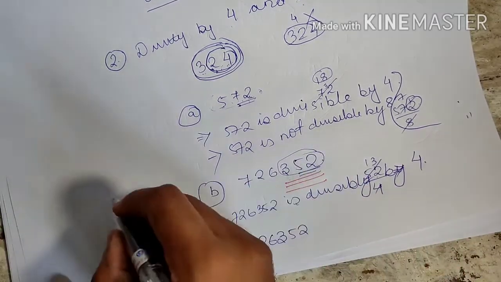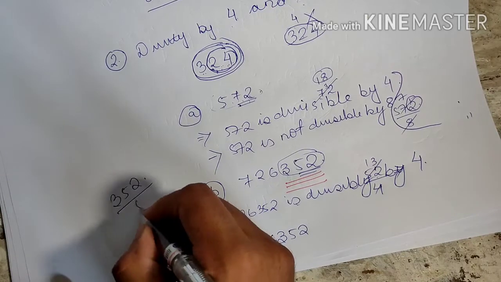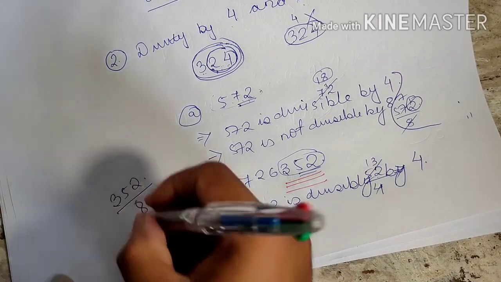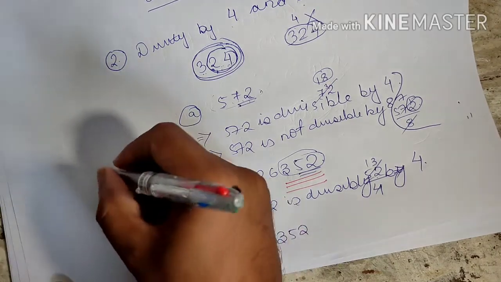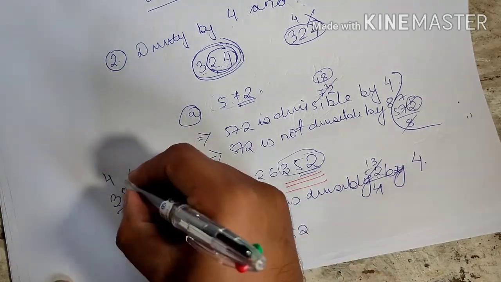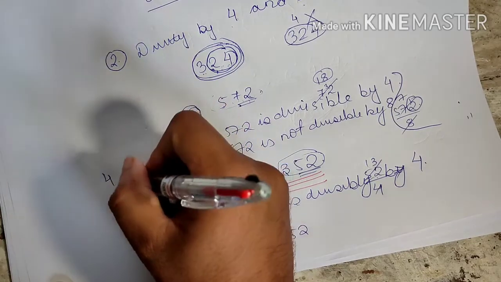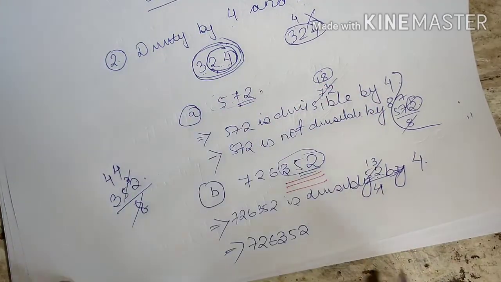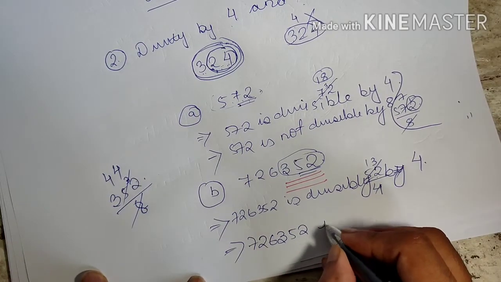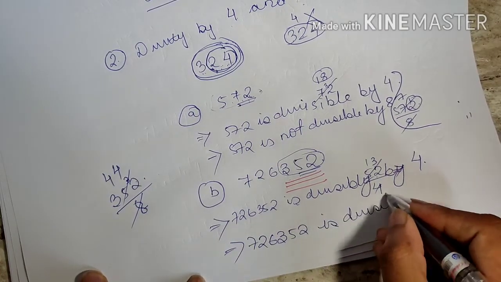The last 3 digits, 352. Is this 352 divisible by 8? How do you divide? 8 4s are 32, so it becomes 32. So it is perfectly divisible. So you can say that it is divisible by 8.